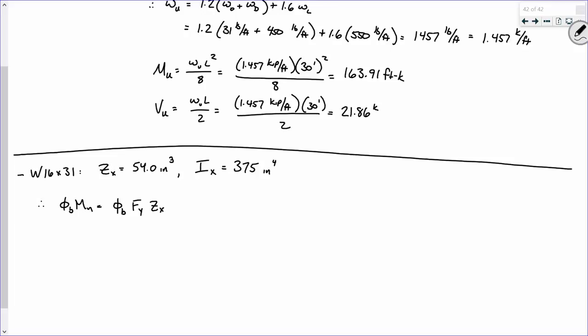I mean, we've been dealing with wide flanges only, for instance, just with columns. It's going to be the same thing with beams. Okay, so our phi value for bending, does anybody remember what that is? We talked about that last time. Anybody remember? Nope. 0.9. All right, 50 KSI, and 54.0 cubic inches. So what does that come out to be?